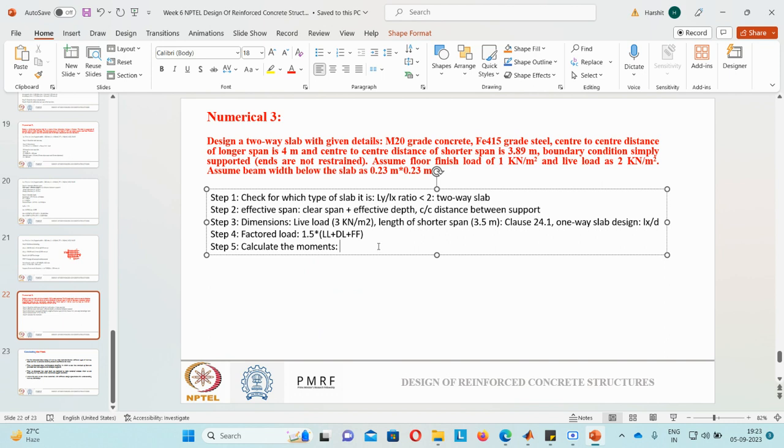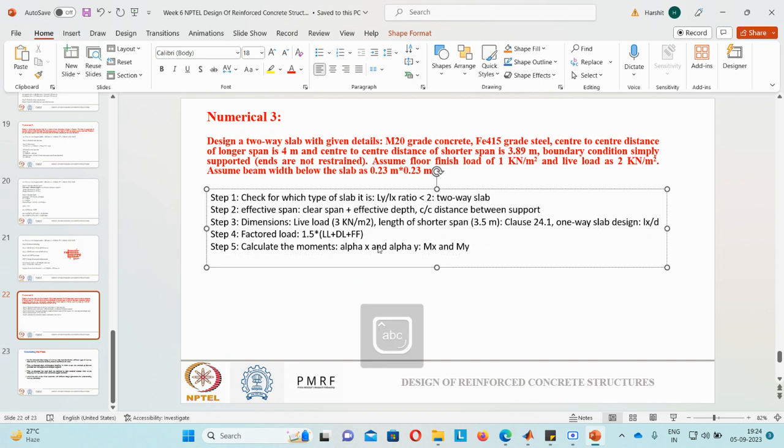Once you got the factored load and you know the alpha x and alpha y values, you can calculate moment along both x direction and y direction. Once you get the moment along x and y direction, check for depth. How we check for depth? By choosing the limiting moment, which will be the maximum of Mx and My, and based on the limiting moment we calculate d.